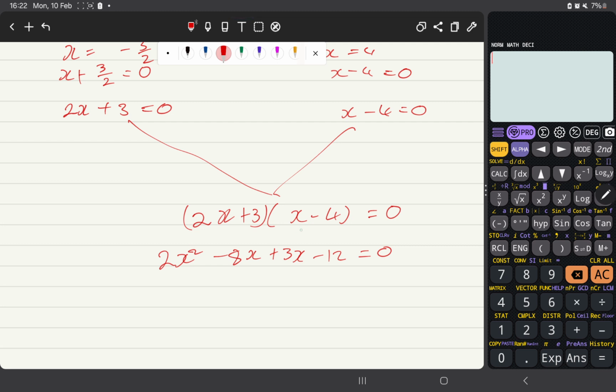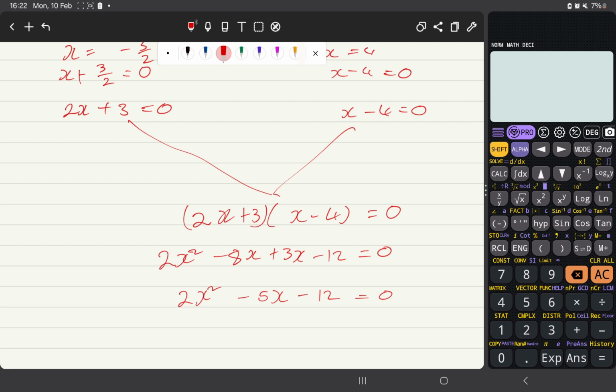So that is 2x squared minus 5x minus 12. Then we are done.